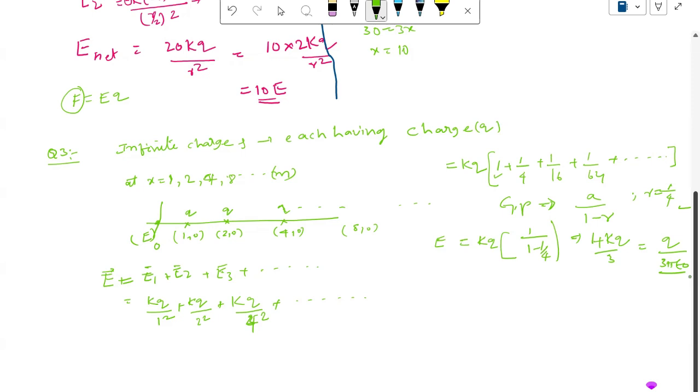Now suppose these charges are alternate charges. It is positive, this is negative. This is positive, this is negative. That means positive, negative will come. Then R will become negative. So in that case, if charges are alternate, that means alternate charges have opposite sign.